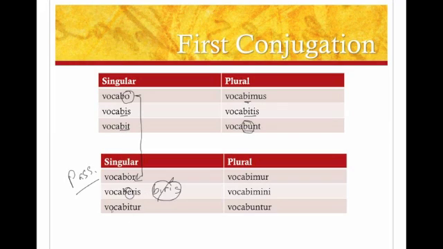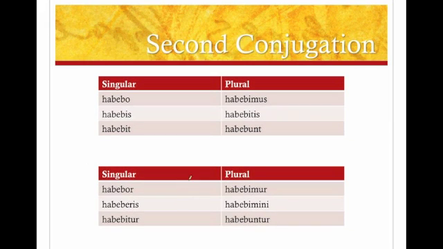But beris, vocabitur, vocabimur, vocabimini, vocabuntur. There's a little bit of that u that we saw up here shows up here. So bor, beris, bitur, bimur, bimini, buntur.